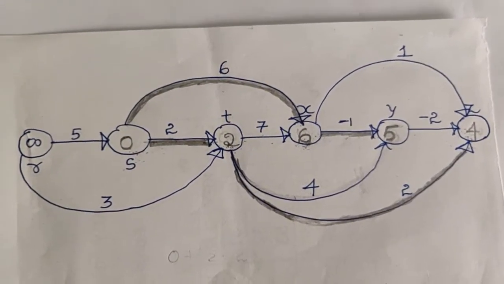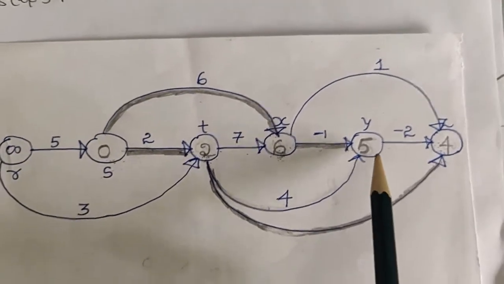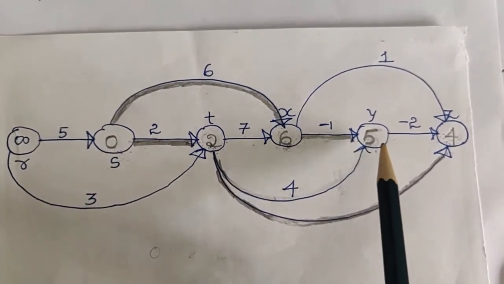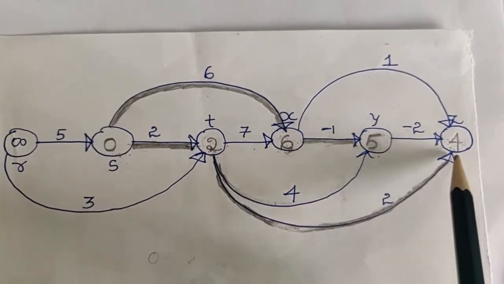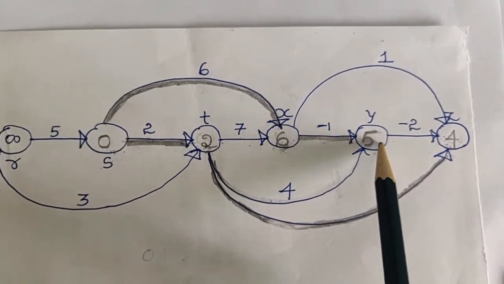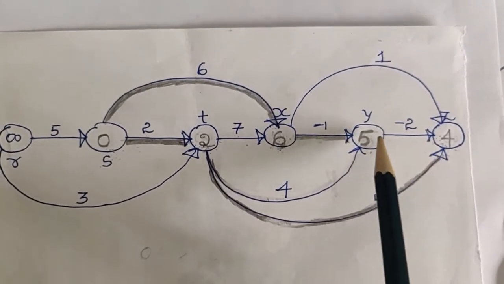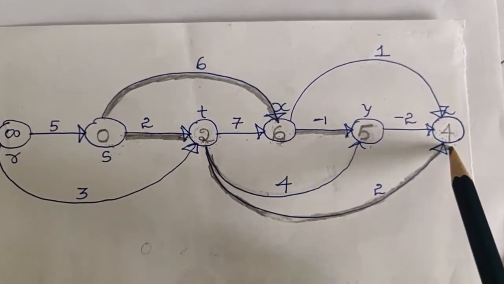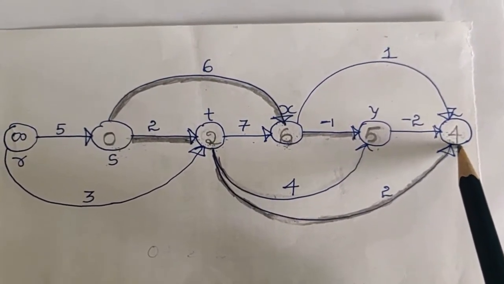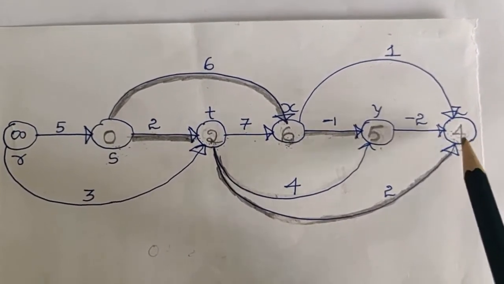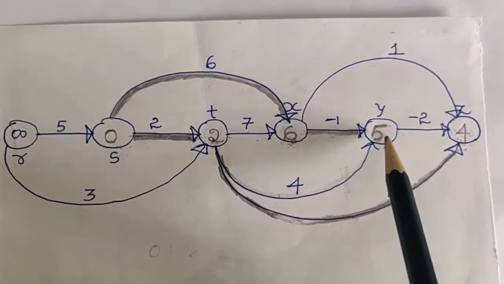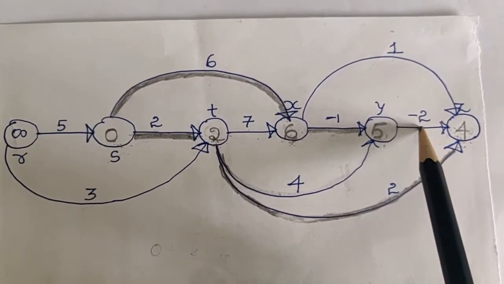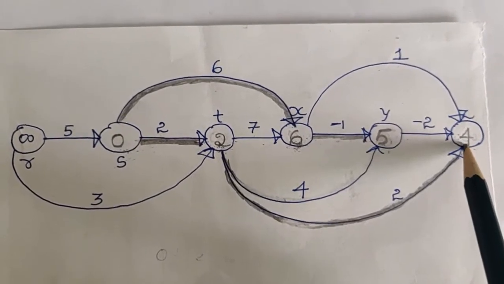Now we are going for the next step, that is the next node Y. I have to find any other feasible values I can find from this node value to the different nodes. So the outgoing arrows will be Y to Z, only one arrow is there, so we have to find whether there is any other feasible value. Here the Z value is 4. Can we find any other feasible value which is less than 4? Now if we trace that, it is 5. 5 minus 2, it will be 3. 3 is less than 4.